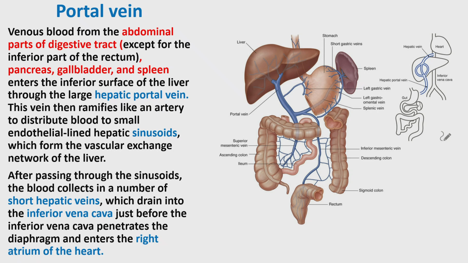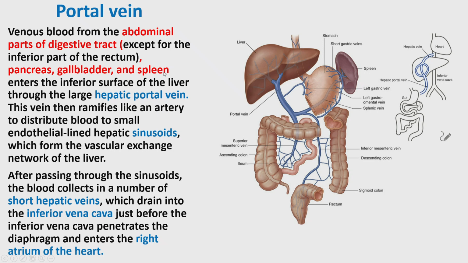What is the content of the blood from the pancreas? What can it be? What is the pancreas producing except the exocrine secretions? Insulin, hormones. Yes, insulin, glucagon are carried to the liver via the portal vein. Gallbladder, spleen.